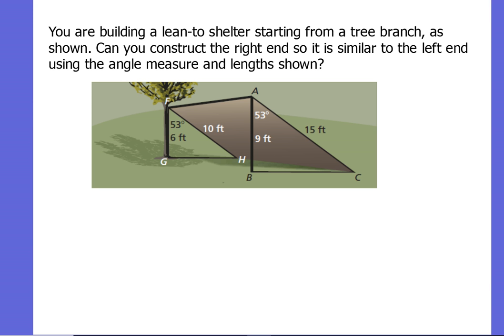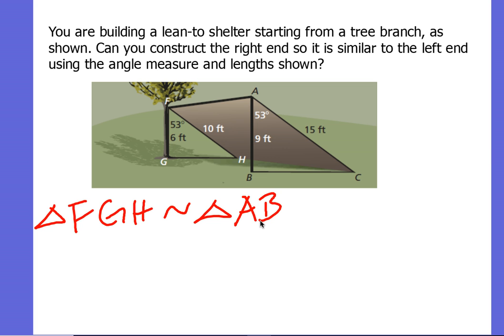Well, the question here is: is triangle FGH similar to triangle ABC? Can you construct it so that it's similar? Because they've given you all the information of the construction, they want you to know, is it similar?